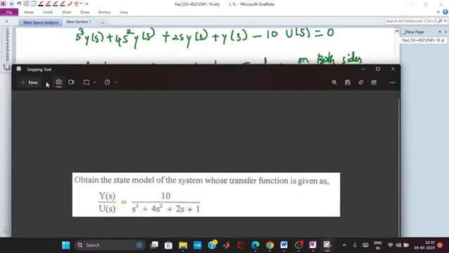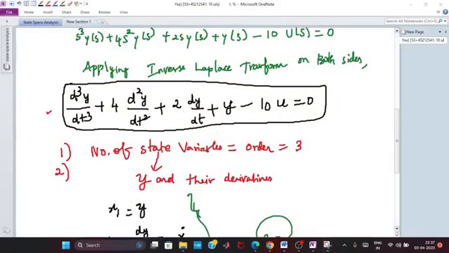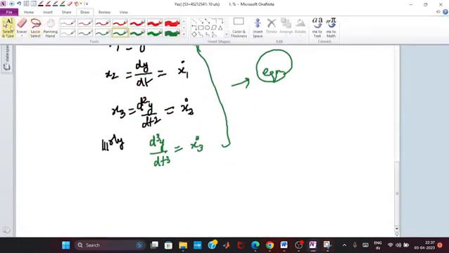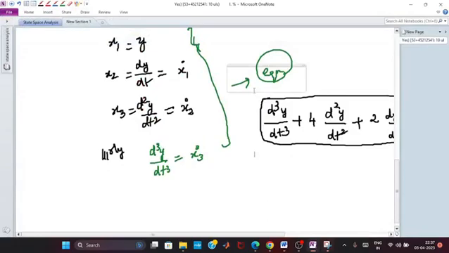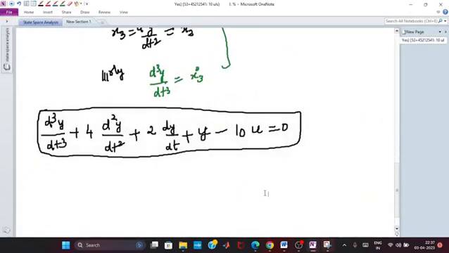Let me take a copy of the differential equation so that it is easy to do the procedure. So this is the differential equation. What is the step?